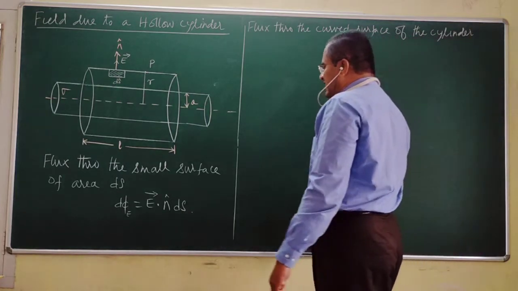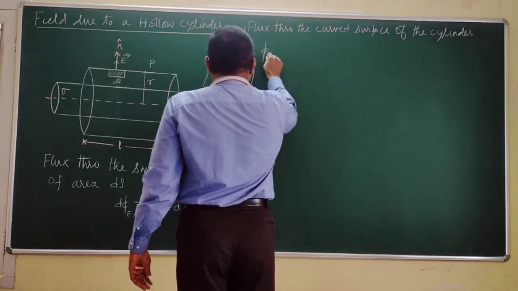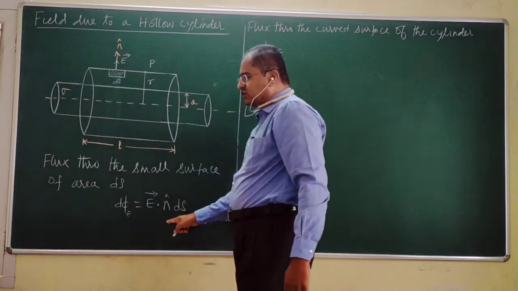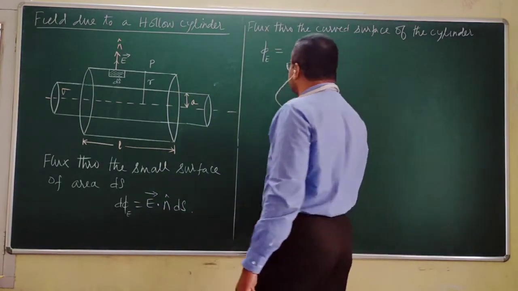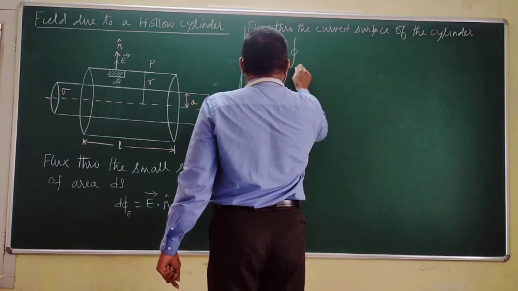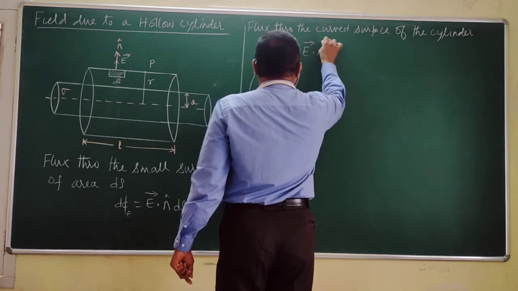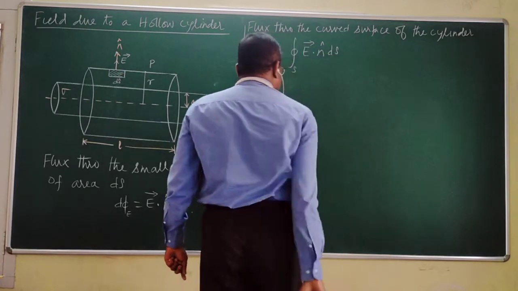So I will write this as phi E is equal to, I need to integrate this expression. Integral over the surface S E vector dot n cap ds.